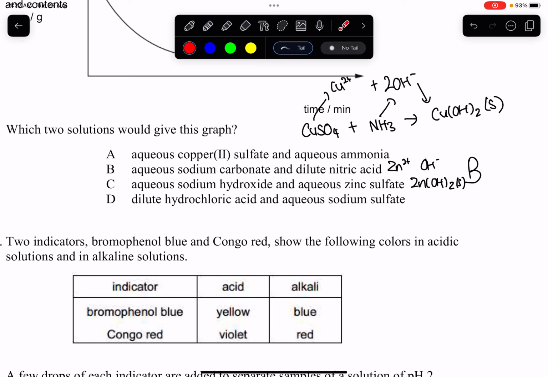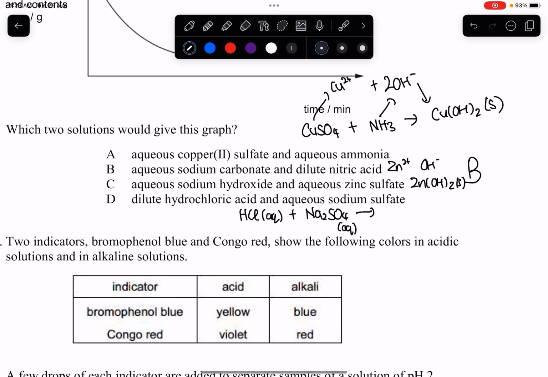Okay, for D, dilute hydrochloric acid and sodium sulfate. Okay, it is a precipitation reaction where you have HCl plus sodium sulfate. Okay, sorry, not precipitation reaction. You have what we call a displacement reaction where they swap partners.